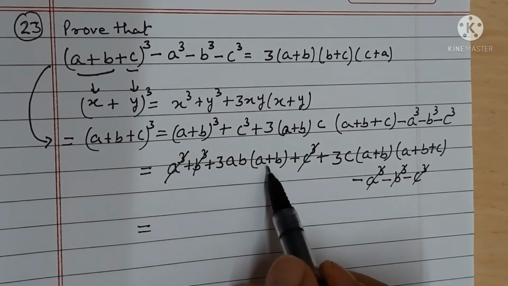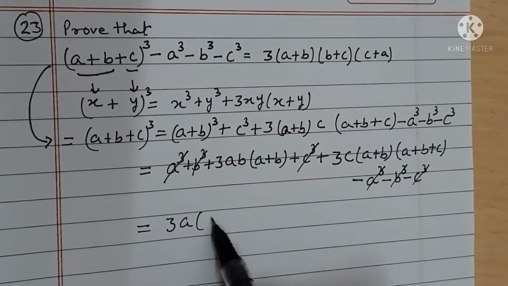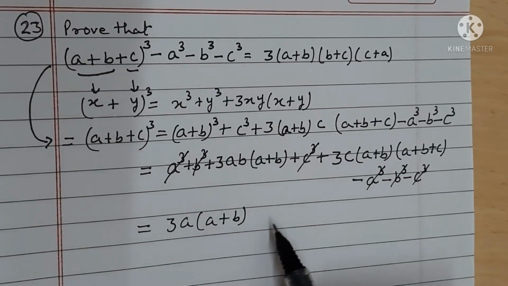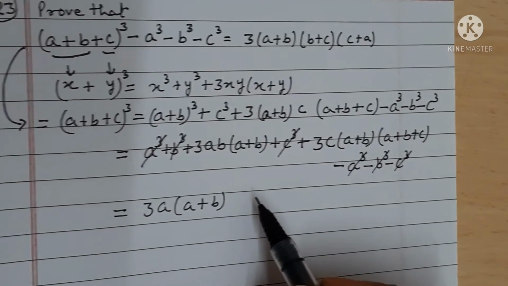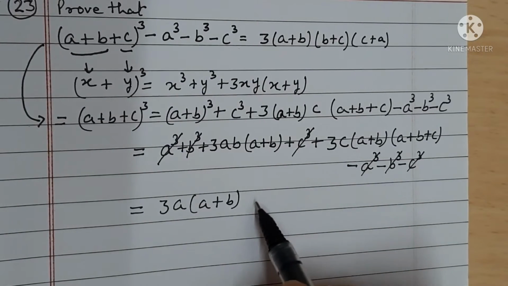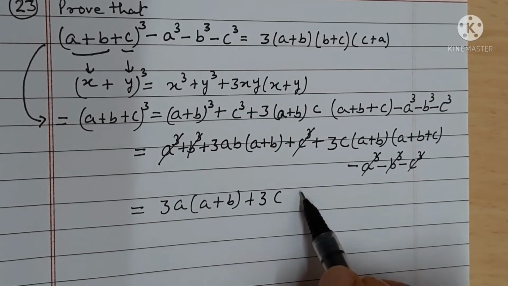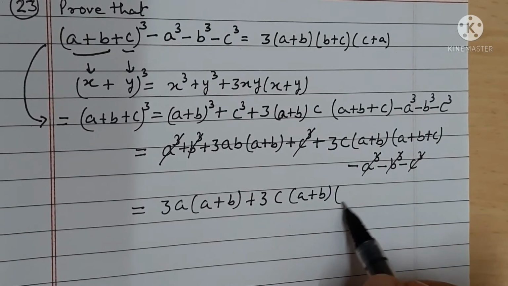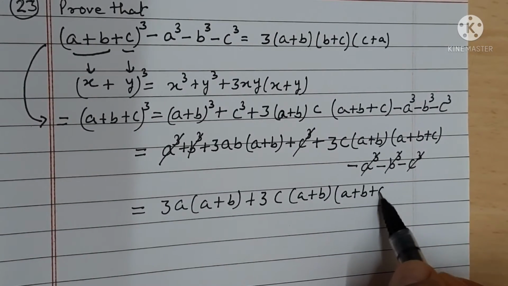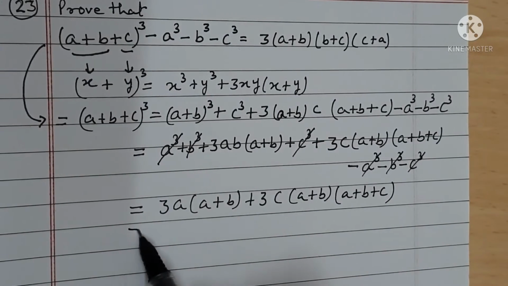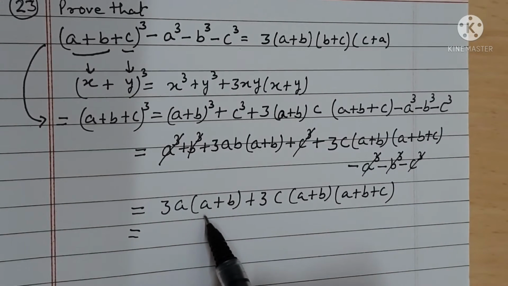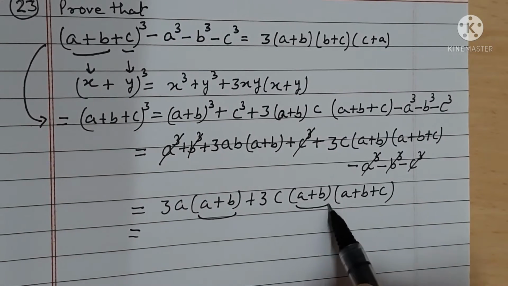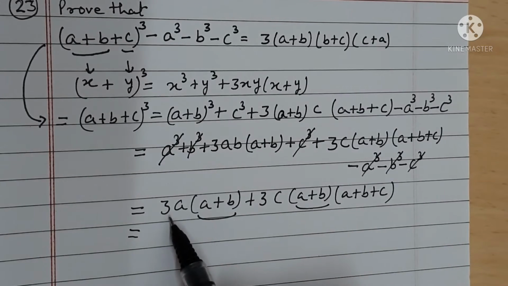Only you will get here 3ab into a plus b plus 3c into a plus b into a plus b plus c. You can take a plus b common from both the terms, and 3 also common.